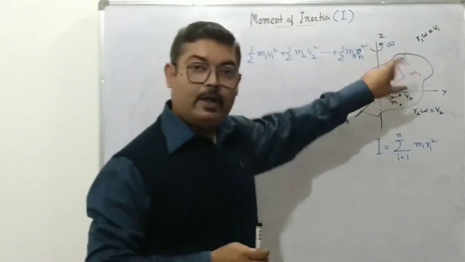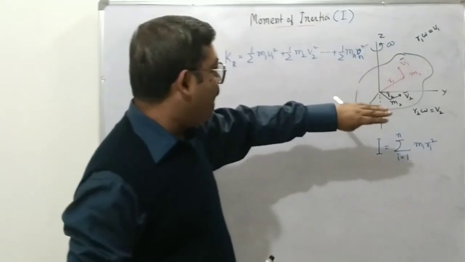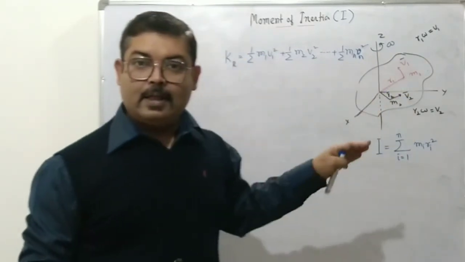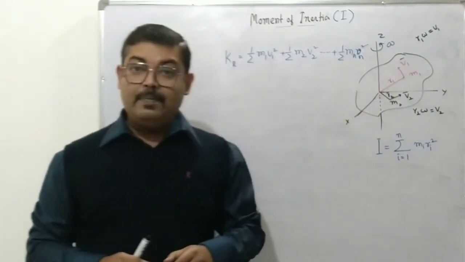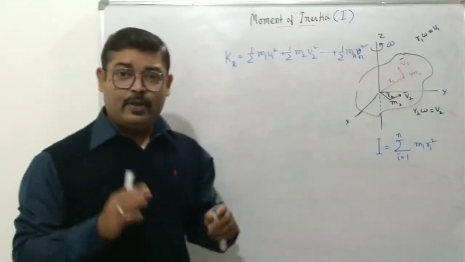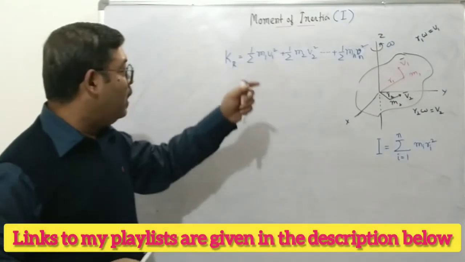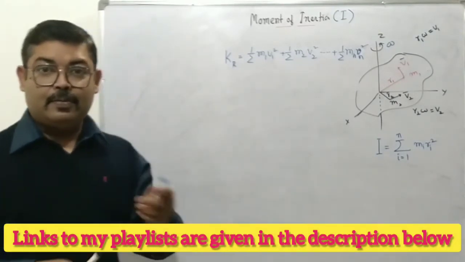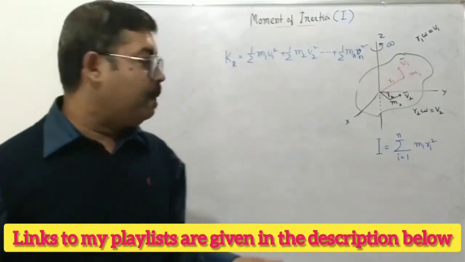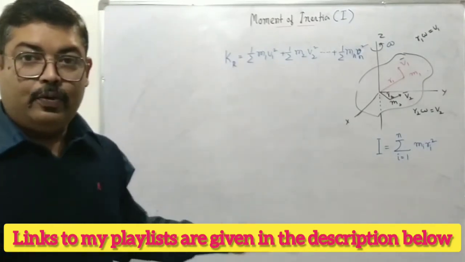Omega will be constant for the rigid body, right? The angle subtended by different mass particles at the center or at the axis will be the same for different masses, which we have already discussed in the previous videos. You may please refer to them in my playlist, the link to which will be given in the description below.